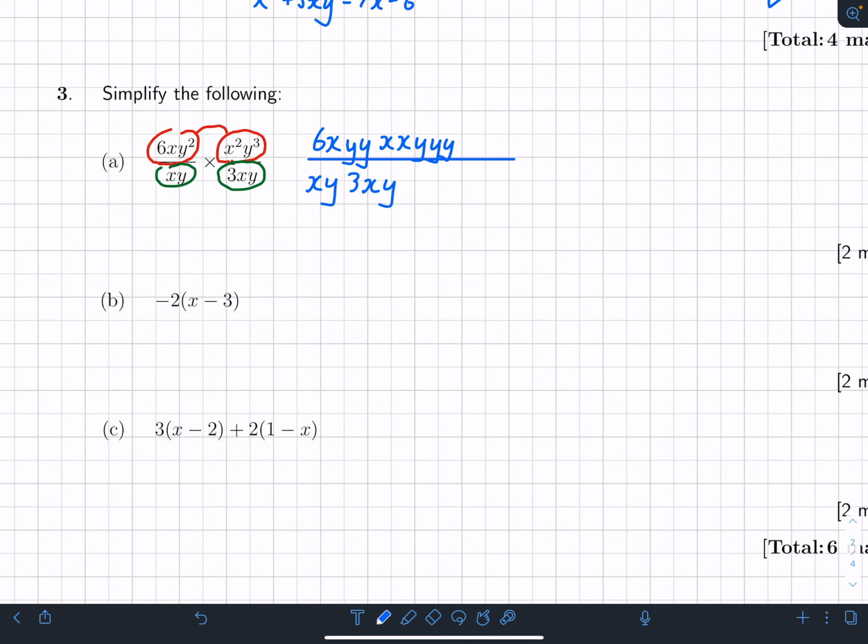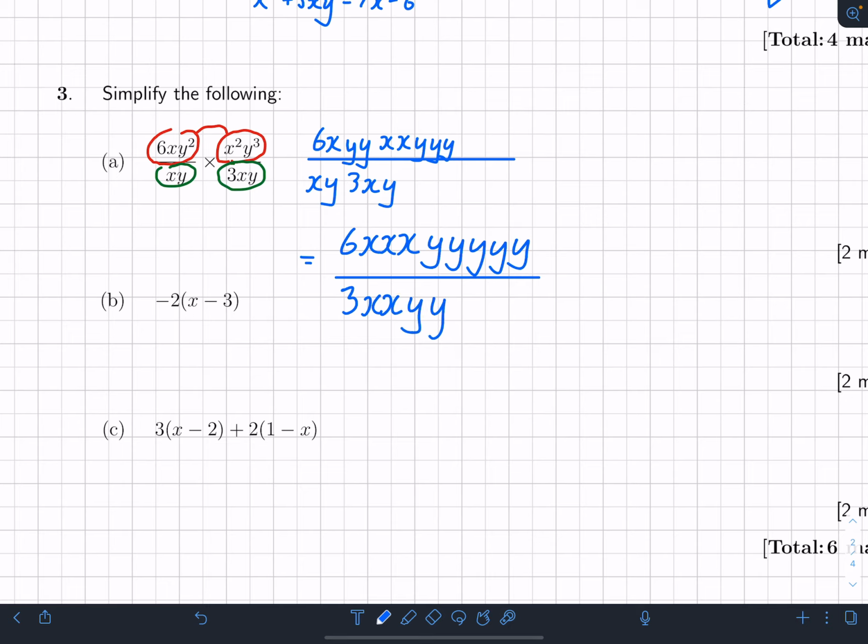Okay, and that one, if we rearrange, we've got 6x times x times x times y times y times y times y times y, and all divided by 3 times x times x times y.